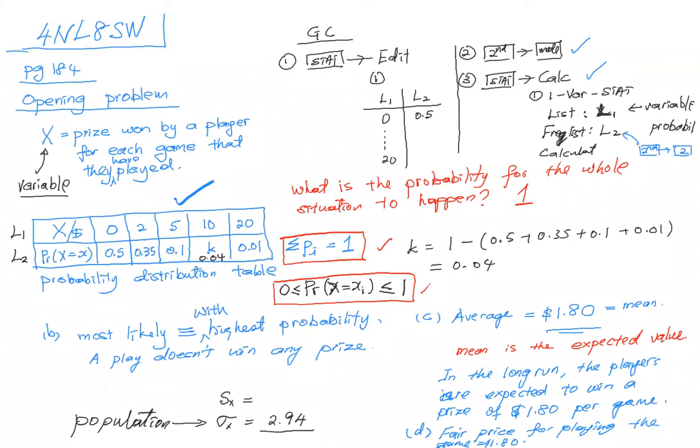When he charges 180, that means he expects to have zero profit. So I think most probably the store owner will not do such a business. You explain because you have zero profit, because it's a fair game.